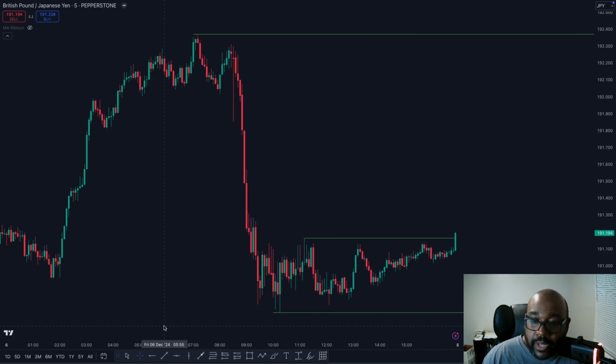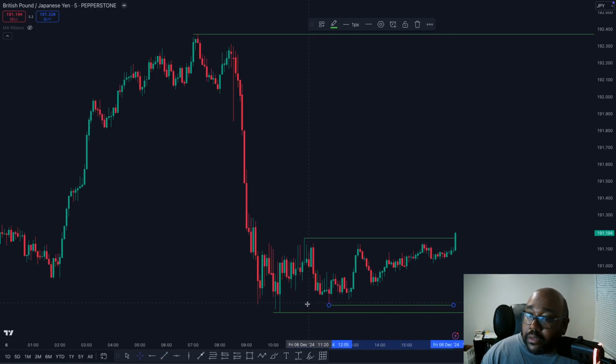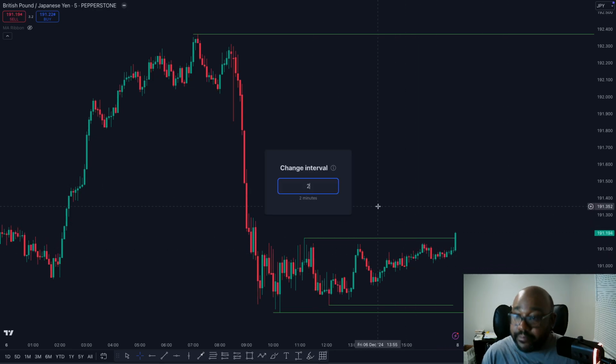Hey, does TradingView be hella goofy for y'all like this? Sometimes it just be not acting right. Doesn't break the low. Boom, stops. Comes up, and then we're breaking this high. That's the 5. Let's go to the 2.